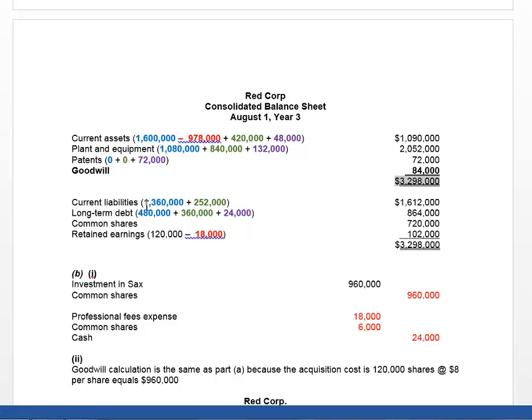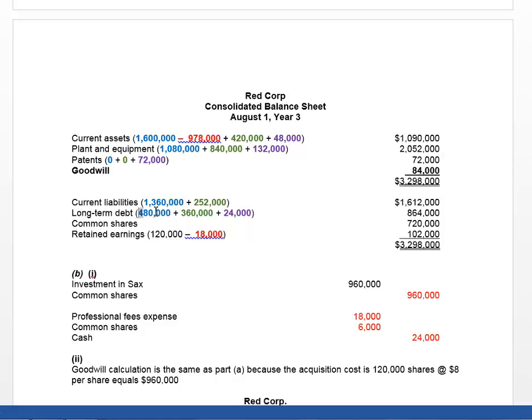And we do. We add together the carrying value of Red's current liabilities to the fair value of Saks's. Well, the carrying value and fair value are the same at 252. We can see this in the question. So now we've got 1,612,000 for current liabilities.